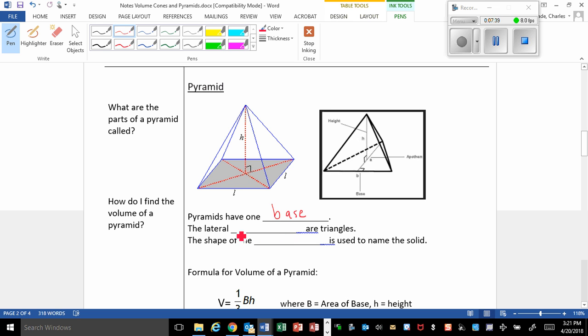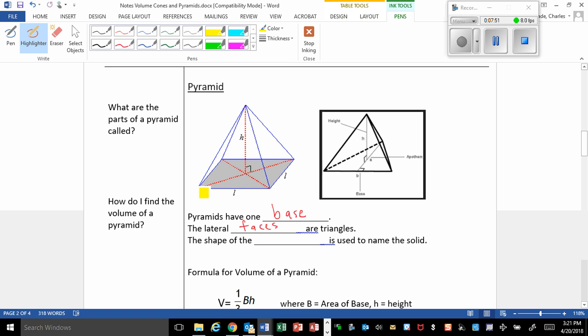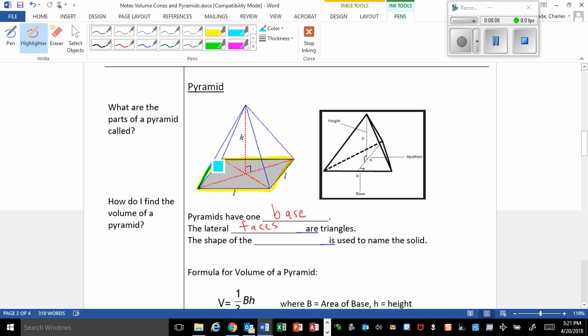The lateral, meaning on the side, faces are triangles. So the base is a square, or a rectangle in this case. I'm not sure which one, we don't have the measurements. And then the lateral faces are triangles.